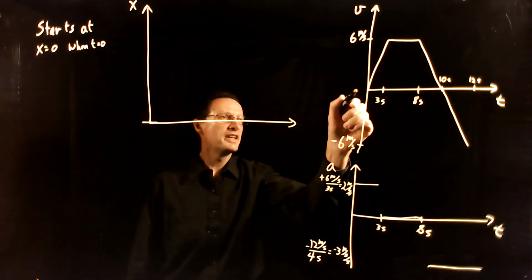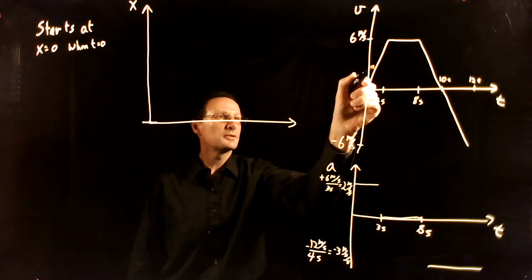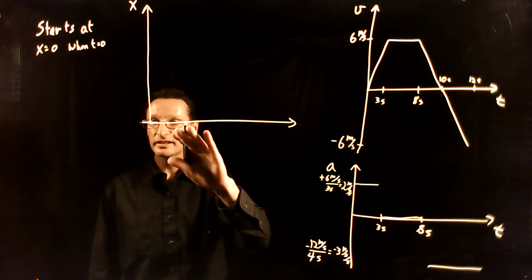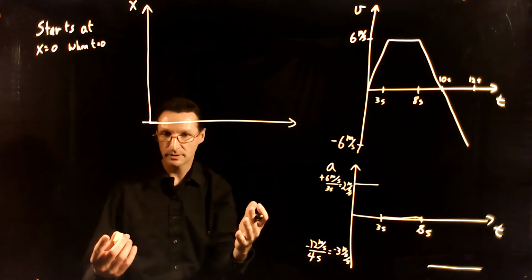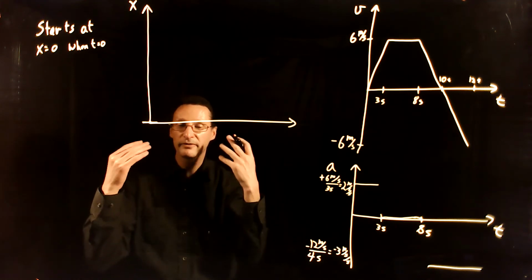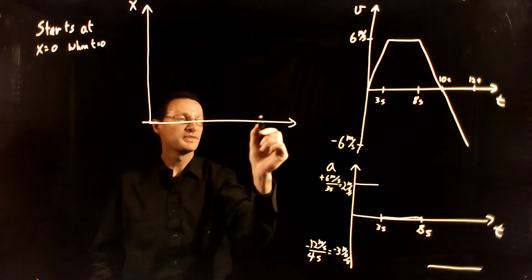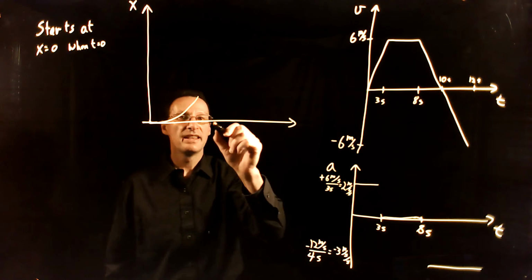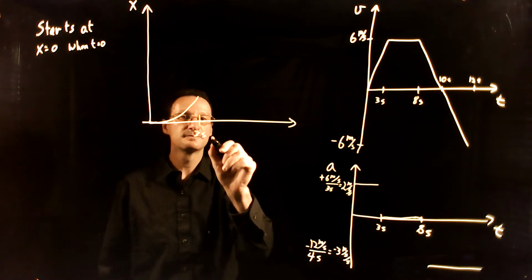And then the value here is increasing in the positive direction. So my slope here needs to increase in the positive direction. Hope you can see what I'm doing. By repeating this out loud, I'm reinforcing and helping prevent myself from getting confused. So an increasing positive slope looks like that. And that's for the first 3 seconds.